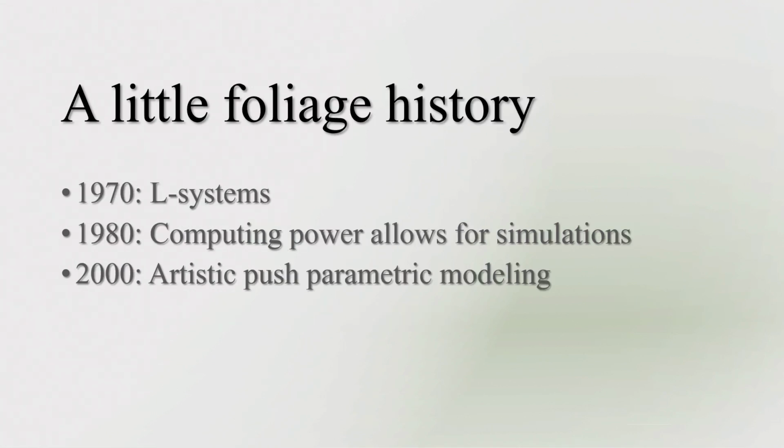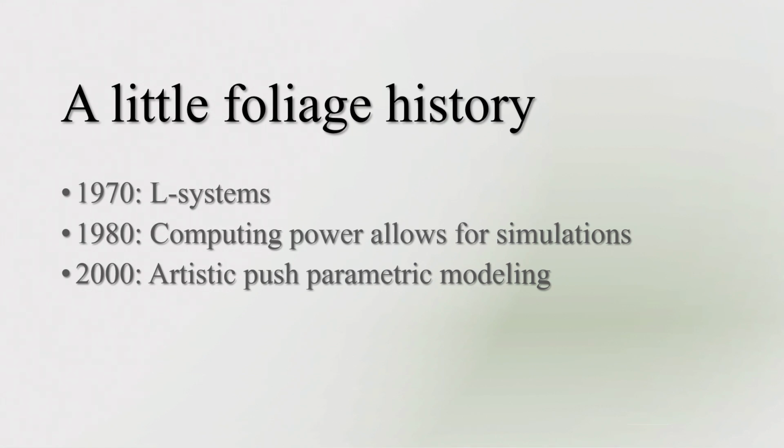A little foliage history. In the 1970s, it kind of started where we had L-systems, Lindenmayer systems. And these were just very mathematical ways to describe plant growth. Then in the 80s, the computing power basically took off. And this is where scientists started to use very, very predictive models to try and predict plant growth, for example, to enhance crop yields.